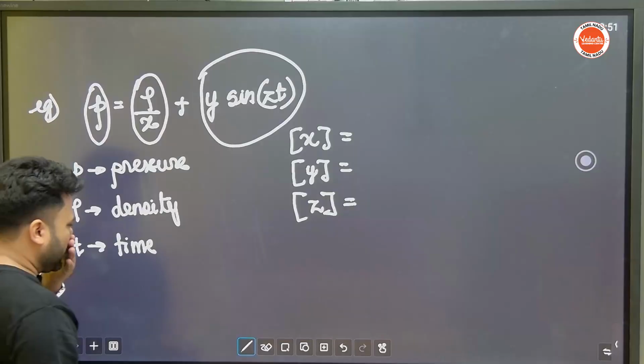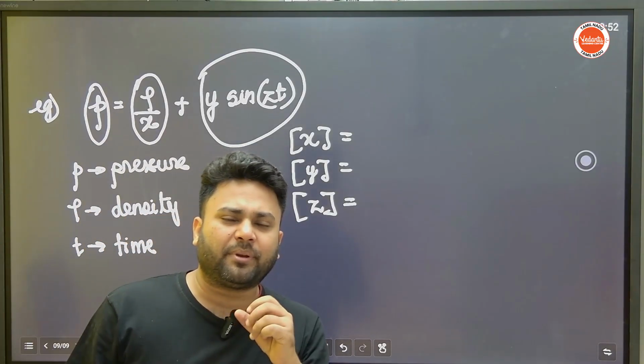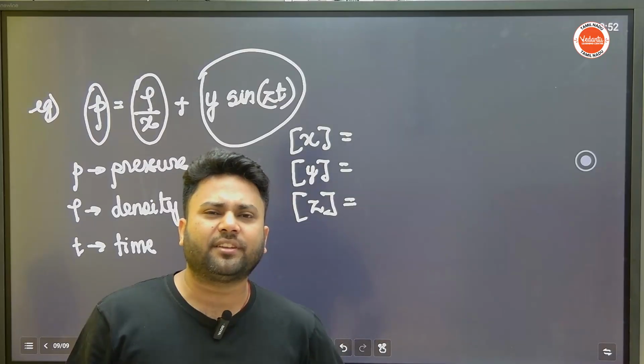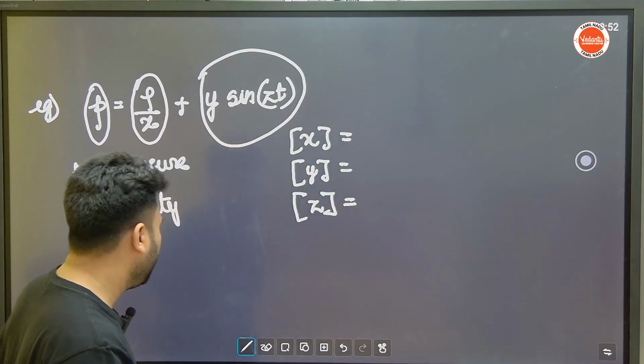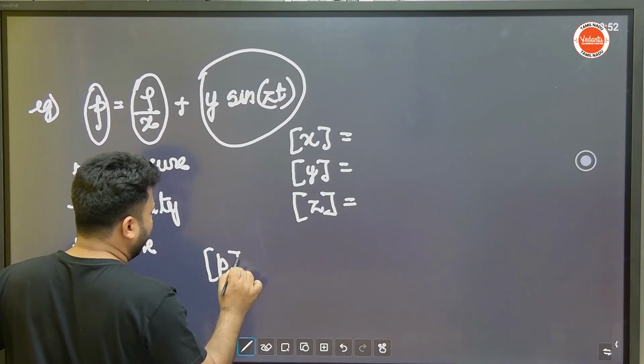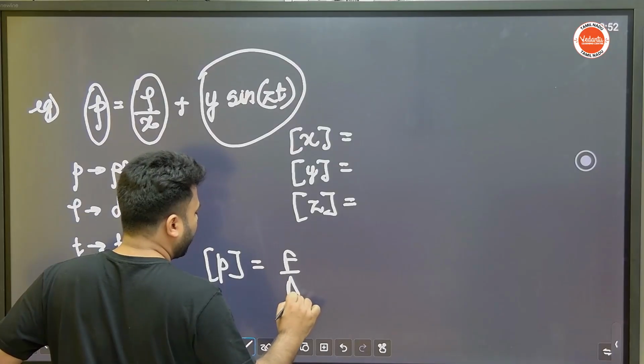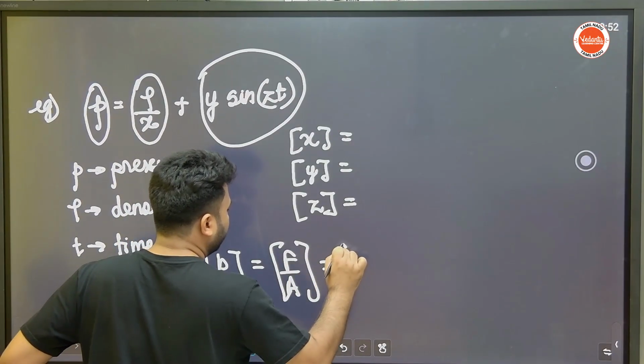Now P is pressure. What will be the dimension of pressure? Pressure is, any formula you remember? Pressure is force by area. So in order to determine the dimension of pressure, pressure will be force by area. What is force?